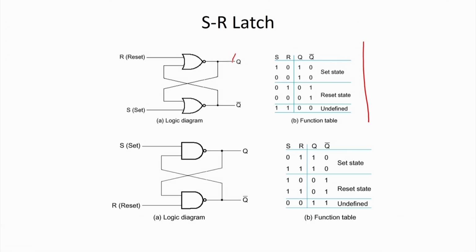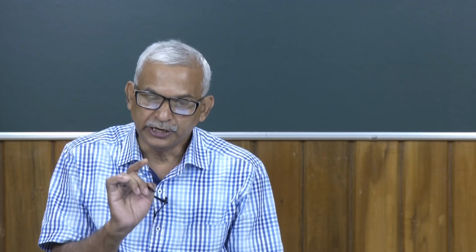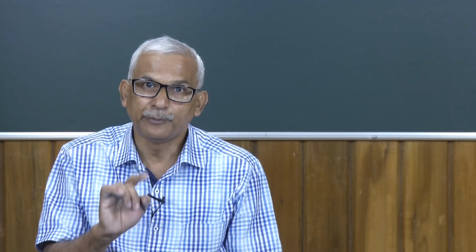What is the output over here? Here you see that I am having two combinations: 0 0 gives 1 0, and 0 0 gives 0 1. So, the output varies. When I give both inputs as 0 0, in some situations I get 1 0 and in some situations I get 0 1. So, it depends on my previous configuration.